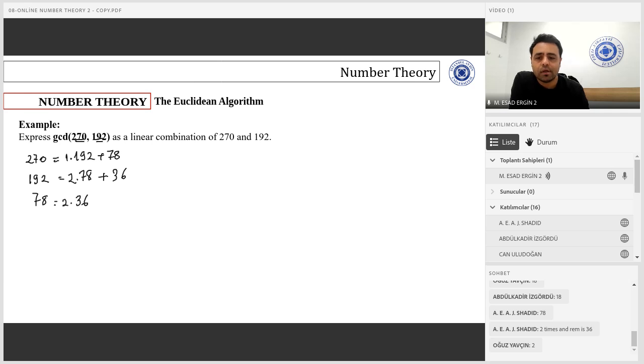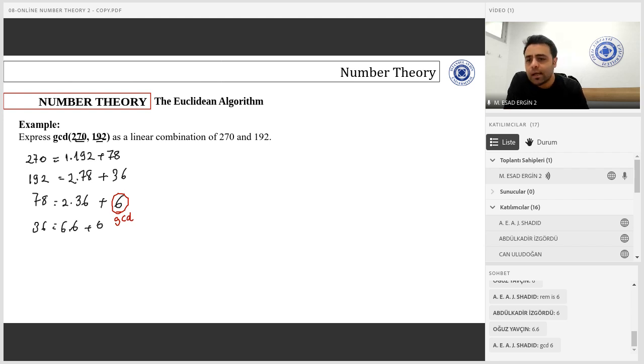It is 2 plus, yes, it is 6, and 36 equals 6. How many times do I have 6? 6 times, plus 0. So here the greatest common divisor, this is our greatest common divisor of these two integers.